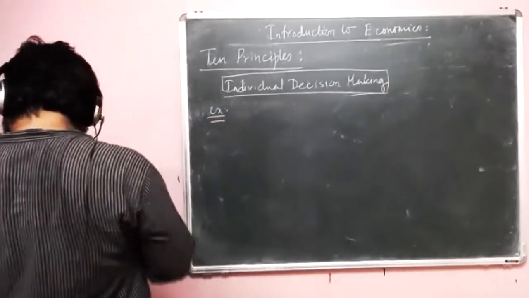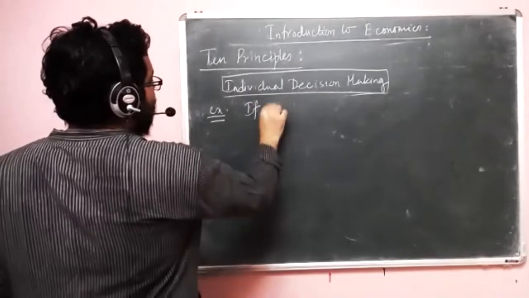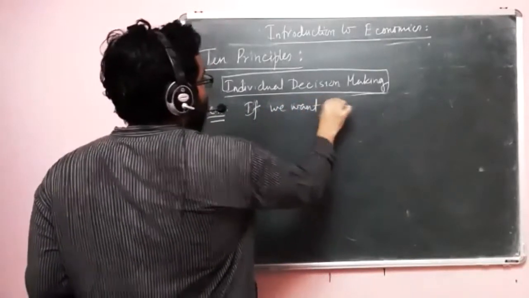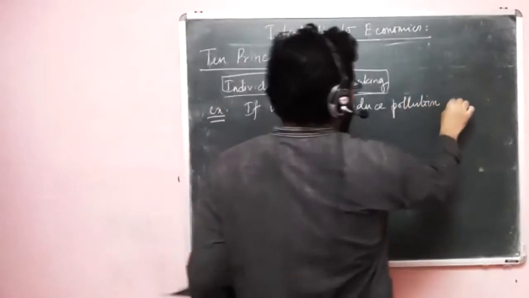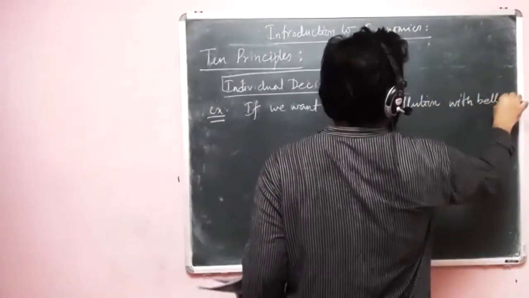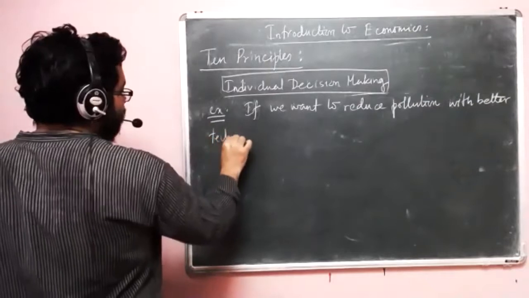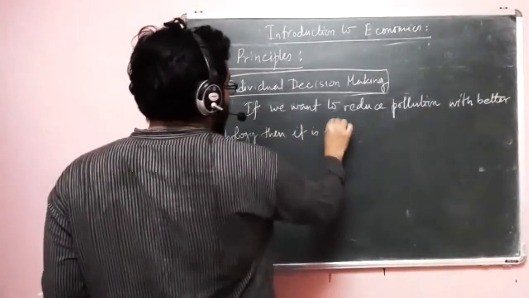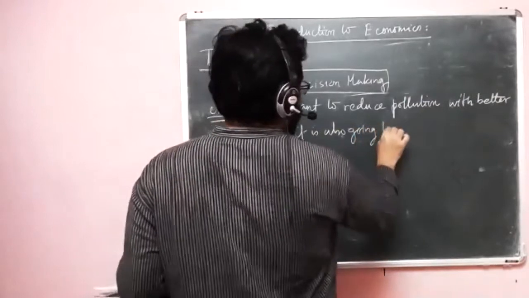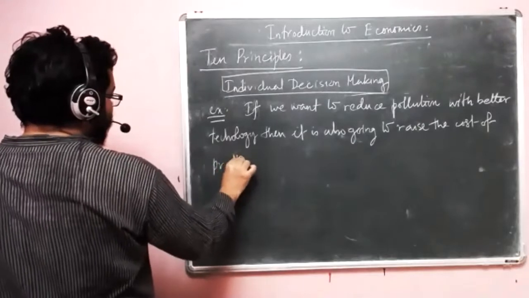All right. So the objective, or rather, let's write this. If we want to reduce pollution with better technology, then it is also going to raise the cost of production.